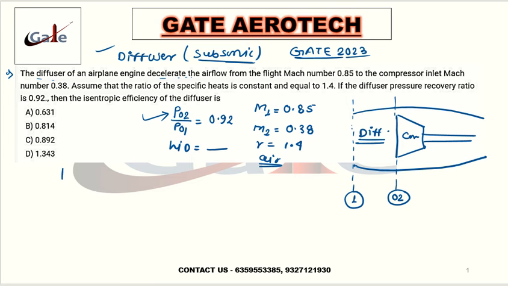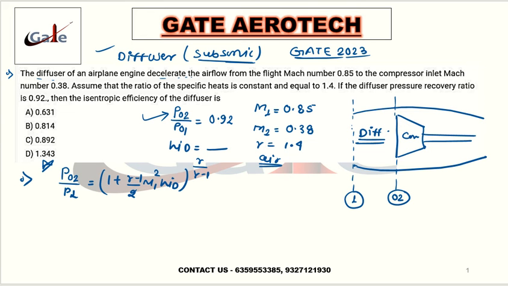Now if you see, there is one formula: P02 divided by P01 equals 1 plus the isentropic efficiency of the diffuser times gamma minus 1 over 2 times M1 squared, all raised to gamma over gamma minus 1. I hope you have seen this formula. Definitely you have to remember this formula. This is very important for solving any diffuser problem.